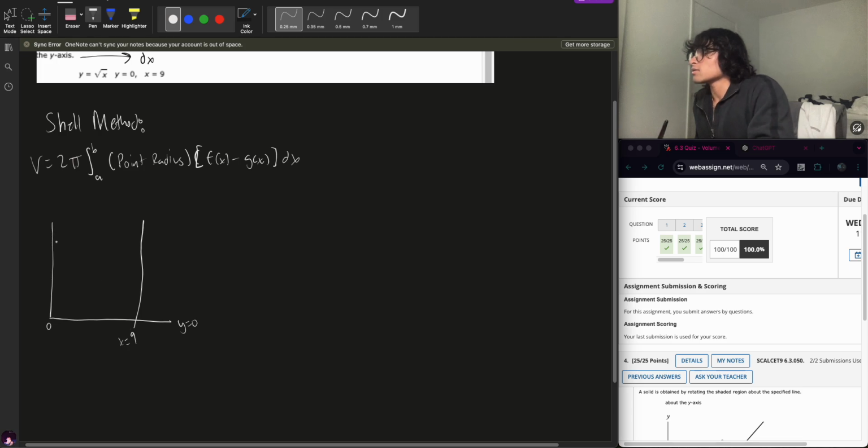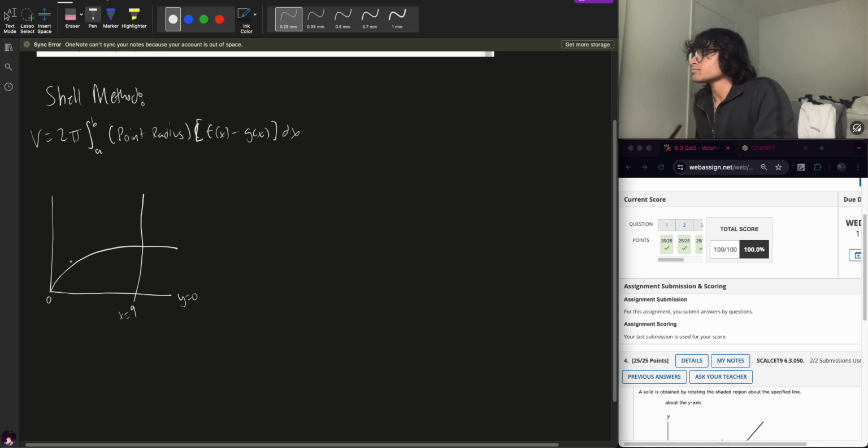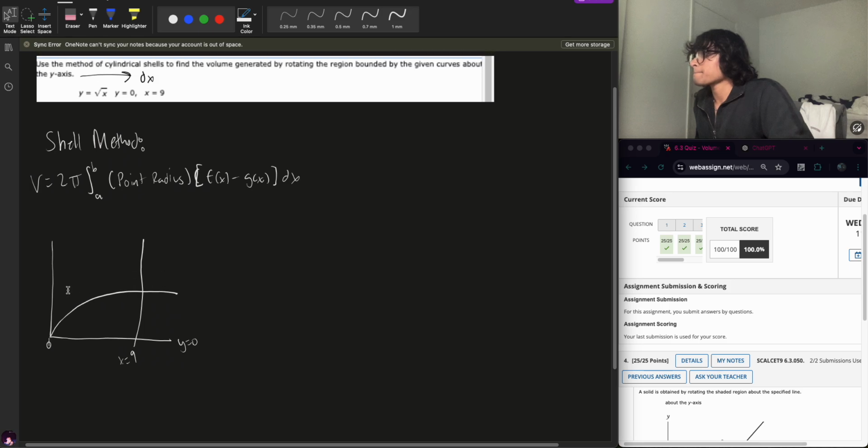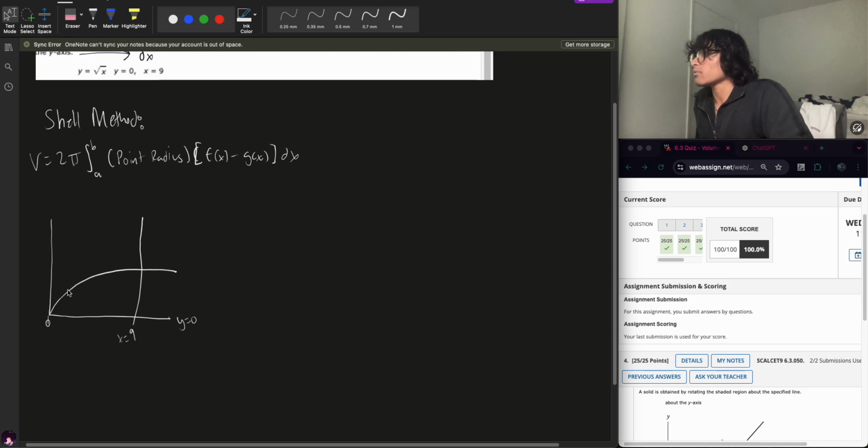And then we're given y equals the square root of x, which is going to look like this. Okay, we're rotating it about the y-axis. So let's get to that.